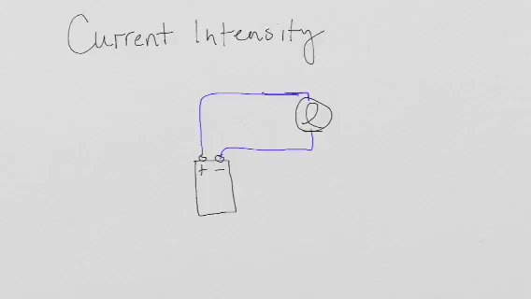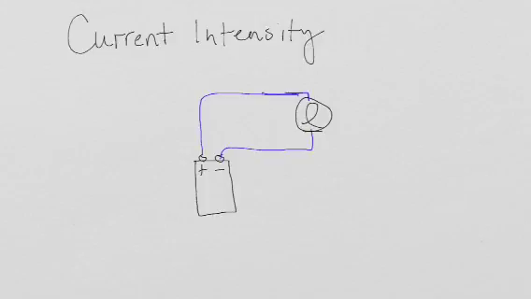Now, when we talk about the concept of current in an electrical circuit, we're talking about the same thing. We're talking about the amount of charge that moves past one point in the circuit at any one time.